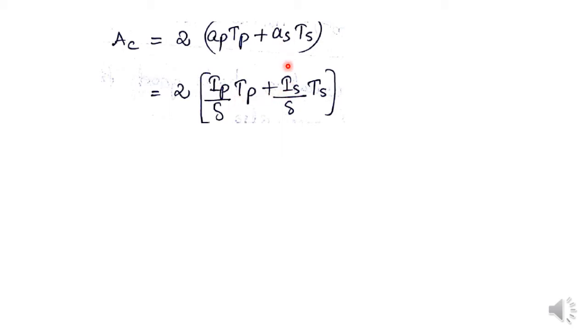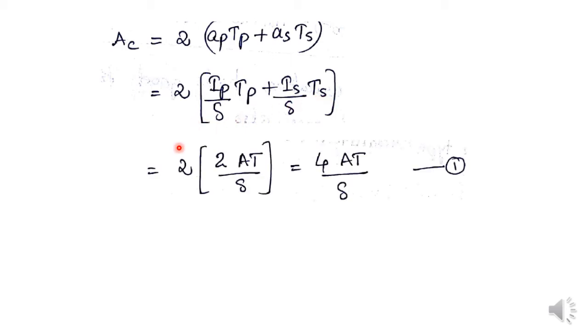Similarly, AS is equal to IS by delta into TS, and that is equal to 2 into 2 times AT by delta. This is because TP-IP is equal to TS-IS is equal to the MMF, that is AT. So you can say TP-IP plus TS-IS is equal to 2 times AT whole divided by delta, that is equal to 4 times AT by delta. That is equation number 1, which represents the area of copper in a window.